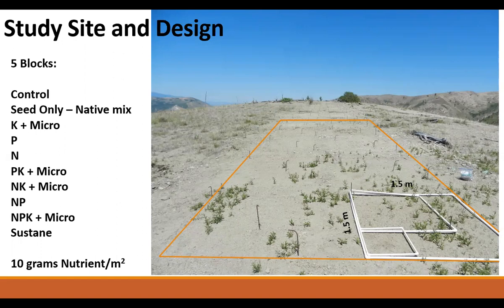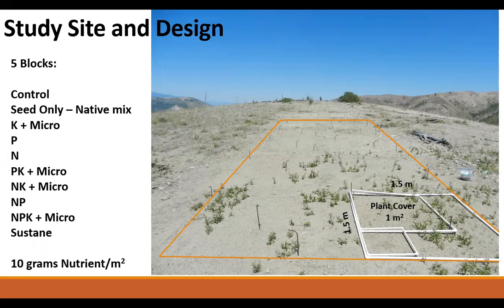Like I said, this plot here is 2.25 square meters, and that all received the fertilizer. Then we broke this up into a 1 meter squared plant cover plot, which we will measure every growing season.